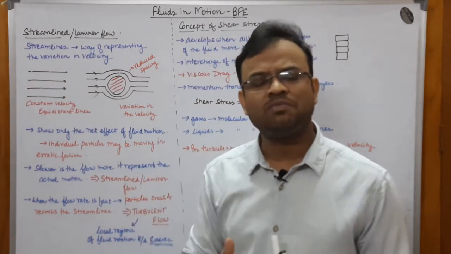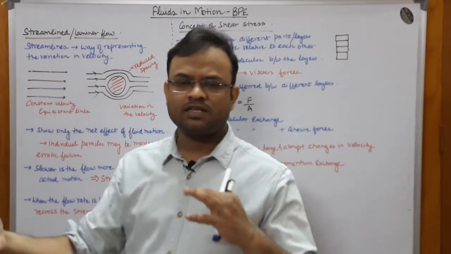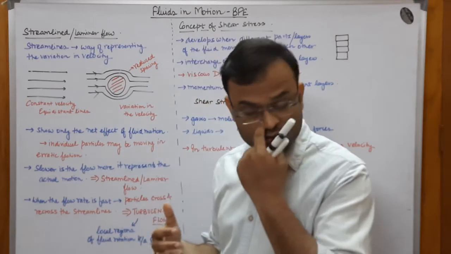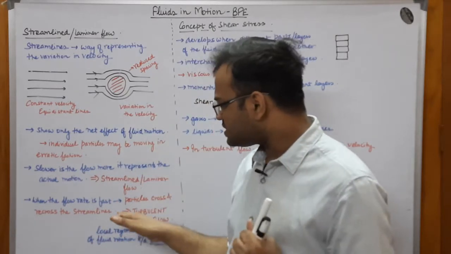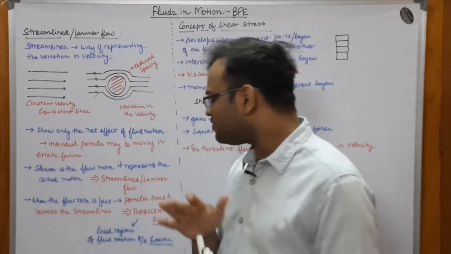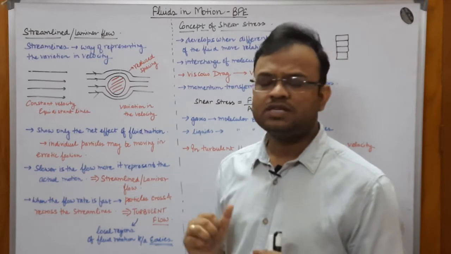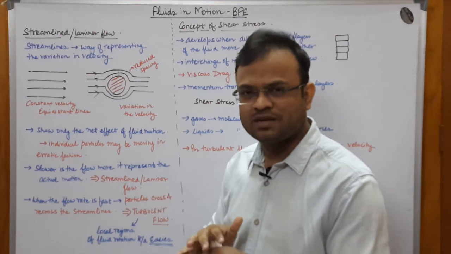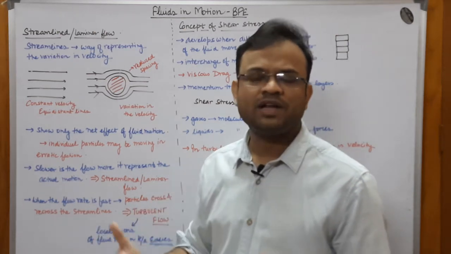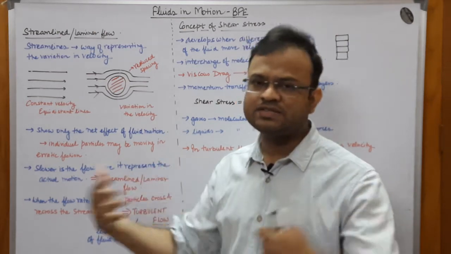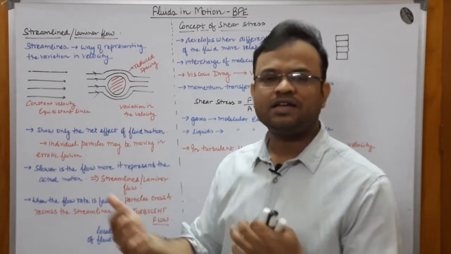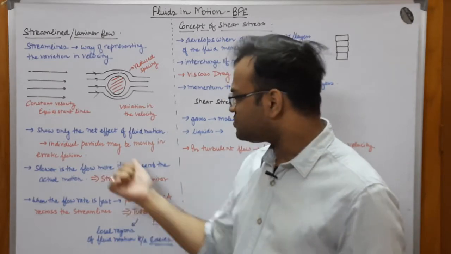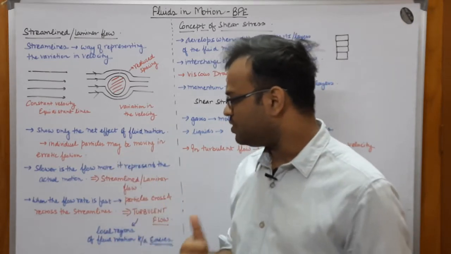So there would be complete jumbling, and the particles would crisscross each other. So this is called turbulent flow. Okay, this is called turbulent flow when this kind of flow is existing. How can you convert a streamlined flow into a turbulent flow? Just increase the velocity and the erratic motion would begin, and the streamlined flow would be converted into turbulent flow.